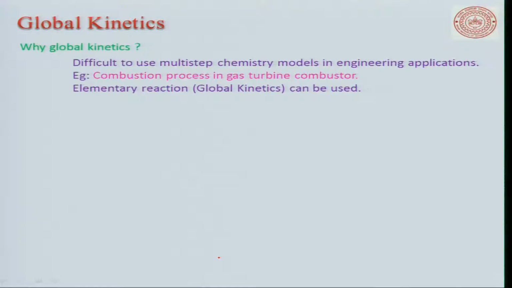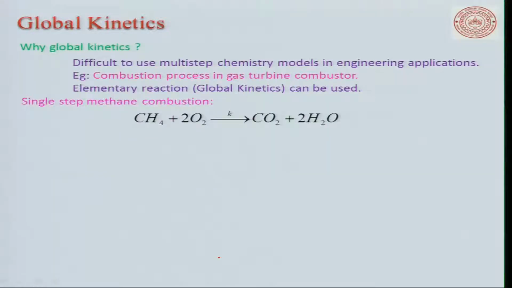Therefore, we need to look at global kinetics, where 1 mole of methane reacts with 2 moles of oxygen giving the products CO2 and water. It is a very simple global reaction. It does not occur in nature, but we are assuming it as a model.